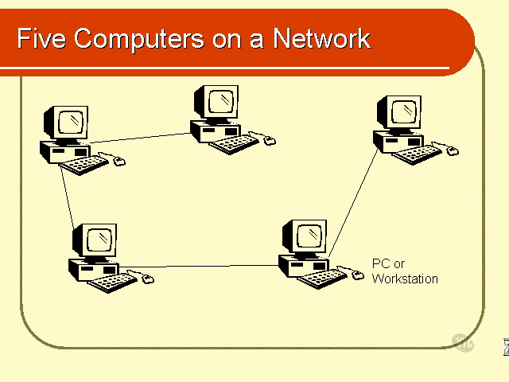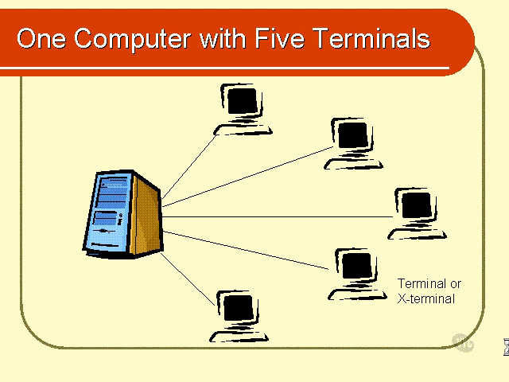Now, compare and contrast this particular diagram with the next diagram. Before I move on, I'll just mention that every node on this network is usually termed either a PC or a workstation. They're typically called PCs if they're running Windows or perhaps the Macintosh operating system. They're typically called workstations if they're running some version of Unix. Now, the next diagram is a single computer that has 5 terminals. Each terminal does no thinking. All the thinking is done on the one computer.